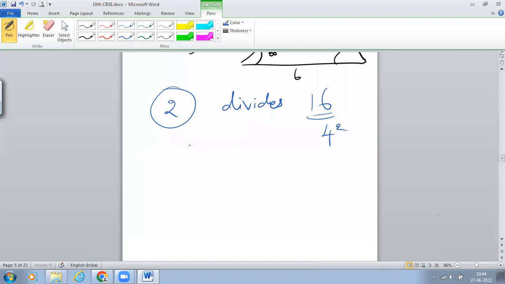So 2 divides 4 square, because 4 square is 16 and 16 is divisible by 2. Since 2 divides 4 square and 2 is a prime number, 2 also divides 4. Because it divides 4 square, it will divide 4. See here, 4 is also divisible by 2.